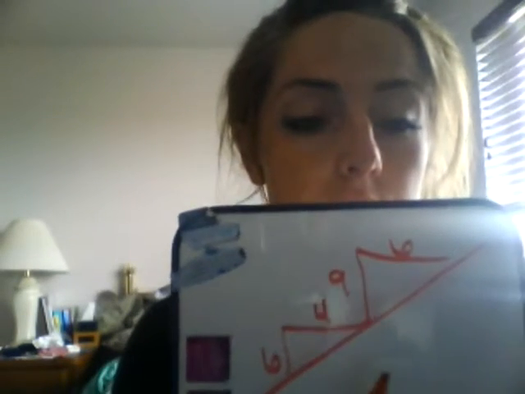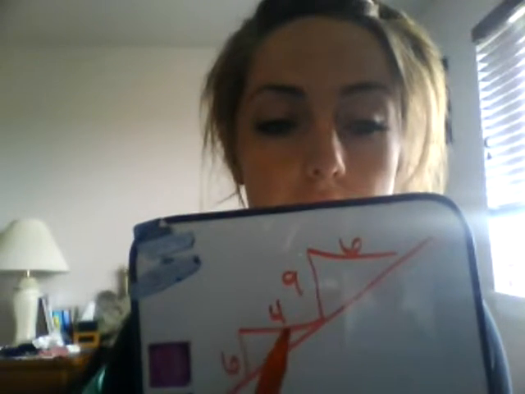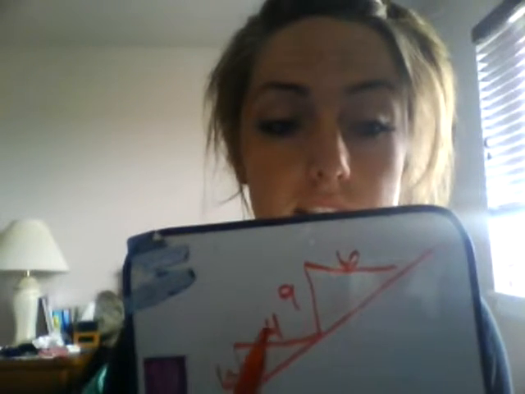So with an example here, if you have a line, a constant, never changing line, and you have two triangles on that line, and one is 6 and 4 and the other one is 9 and 6, right here. Notice that the rise and run are essentially the same ratio.